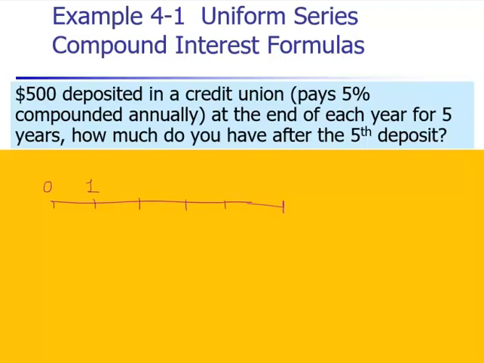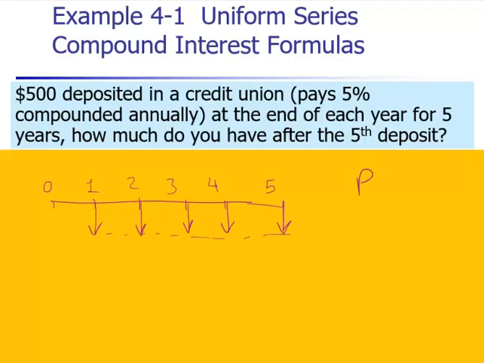So year 1, year 2, 3, 4, 5. End of year 1, end of year 2, year 3, and 5. 500 deposited. So 500, 500, 500, 500, and 500.